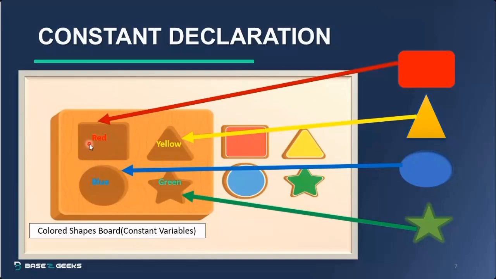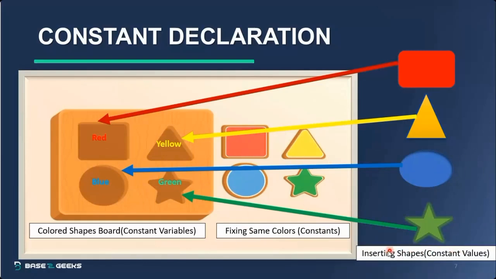But here we have mentioned that it is red shape, yellow shape, blue and green. So this is called a constant variable. So along with variable names, I have added that I should store only a constant value, that is an unchangeable value, right? So see, what are all these constants? Colors which I have assigned. Okay, so these are all called constant values.